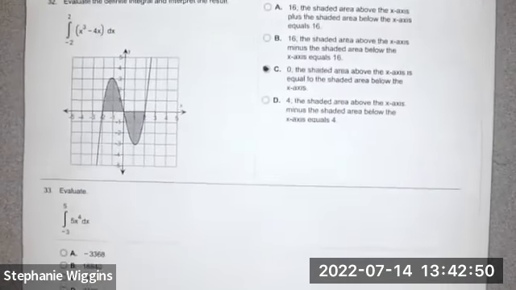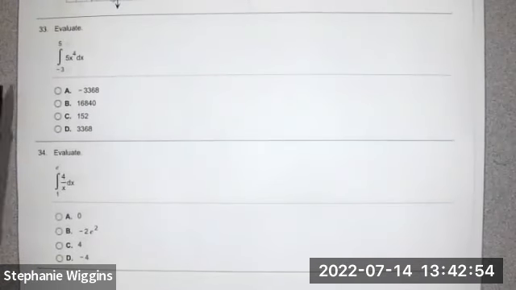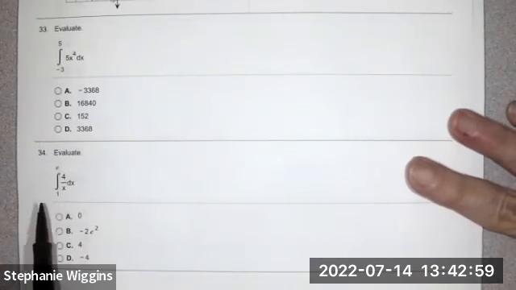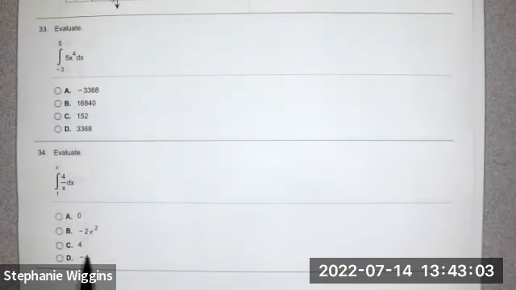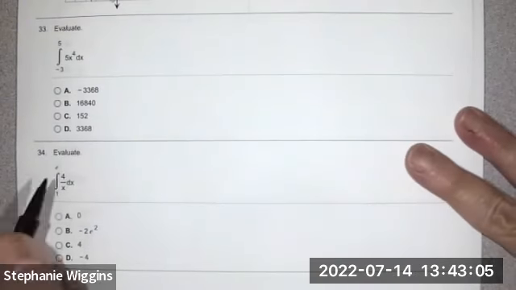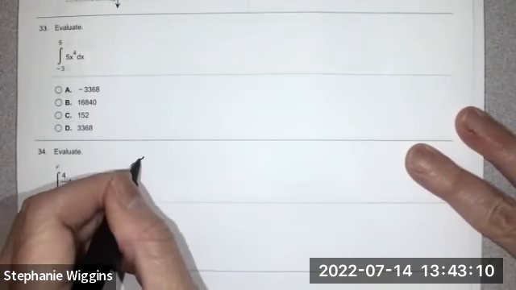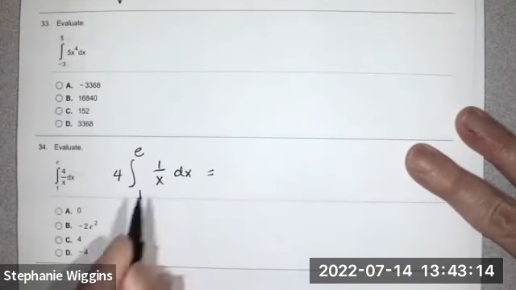Okay, now the rest of these are all definite integrals. Here you just use your calculator. And here also, notice the top number is an e, so this one you're going to have to do manually. This is going to be 4 times the integral from 1 to e of 1 over x dx. That is the natural log.